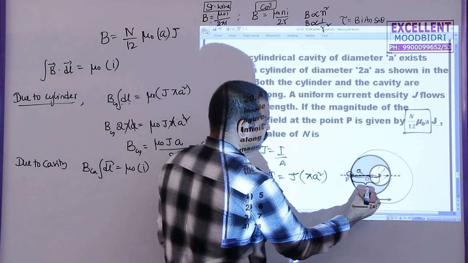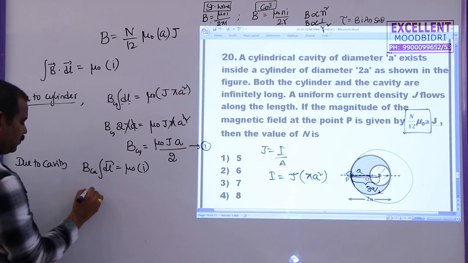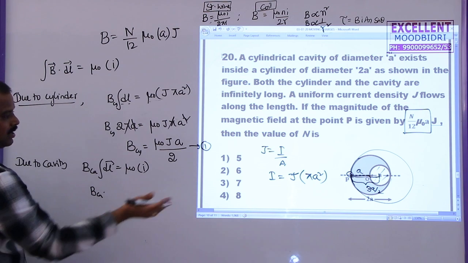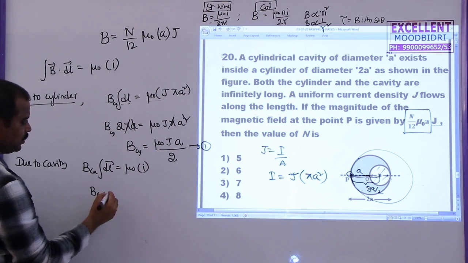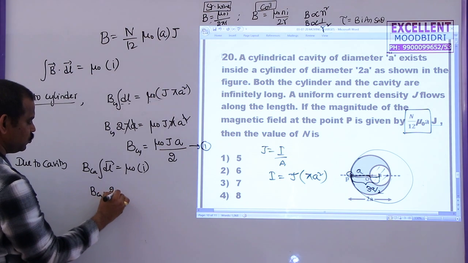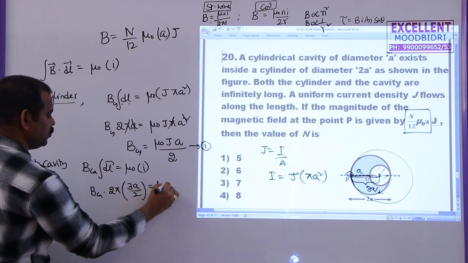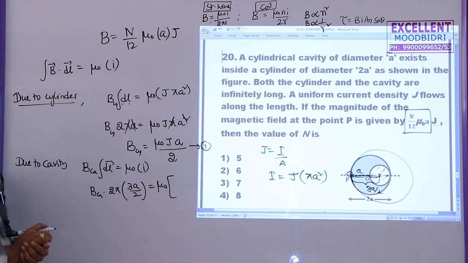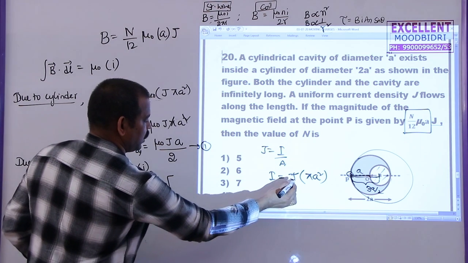So the radius of this one is 3a by 2. So now what we are going to write, B cavity into the circumference of the circular path around that cavity, given by dl, is 2 pi 3a by 2, is equal to mu naught into the current through that small circular cavity, that is I is equal to current density into area.